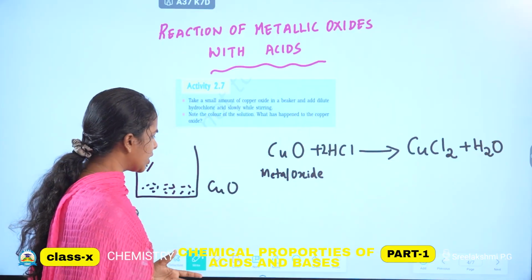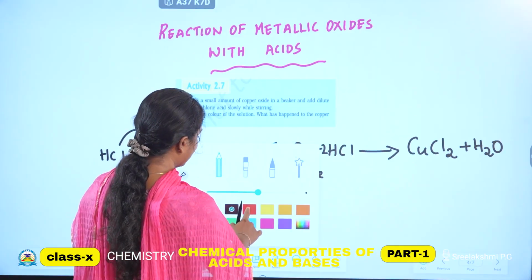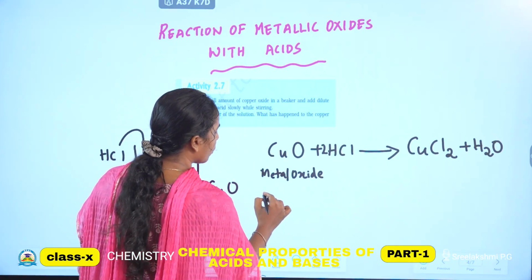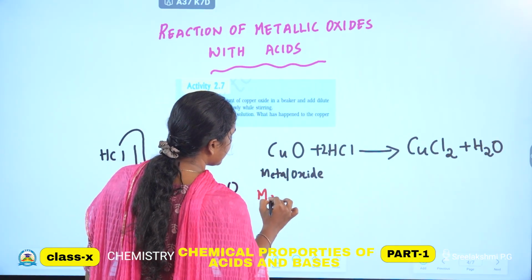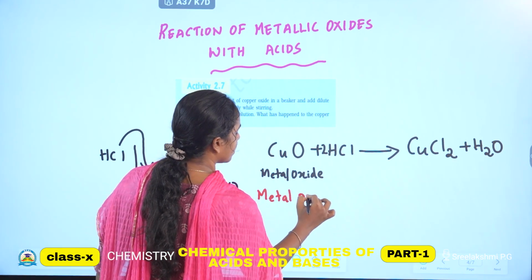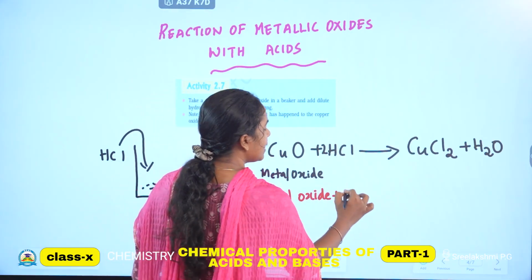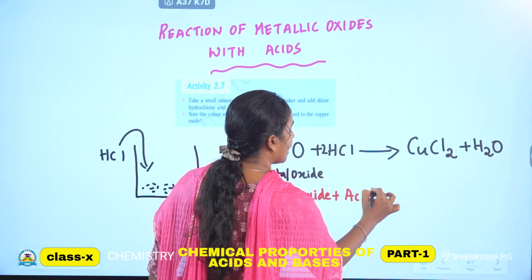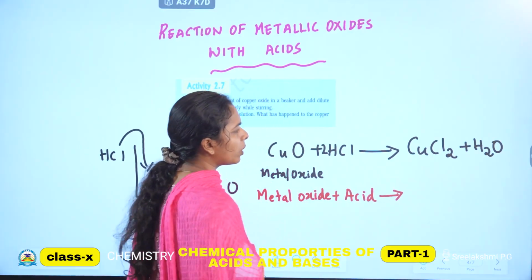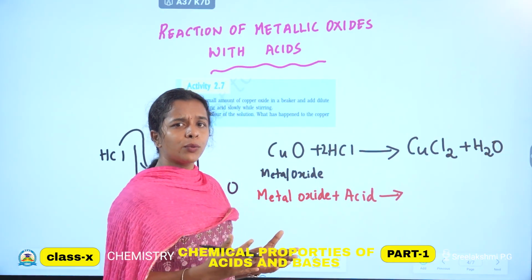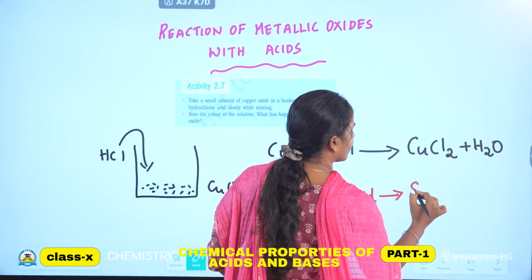From this reaction, generally we can write it like this. Copper oxide is a metal oxide. HCl is an acid that will give CuCl2. What is CuCl2? Yes, it is a salt.